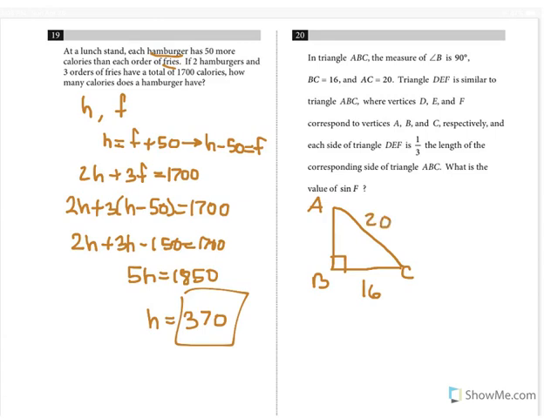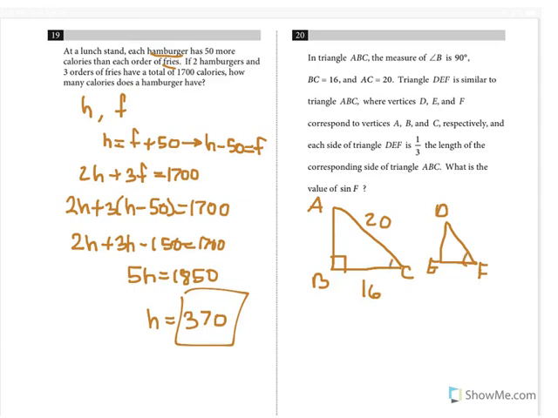And then we have DEF. There's a lot of unnecessary wording in here, but it's to really test your knowledge of math and similar triangles. Now, we want to know what is the sine of F.